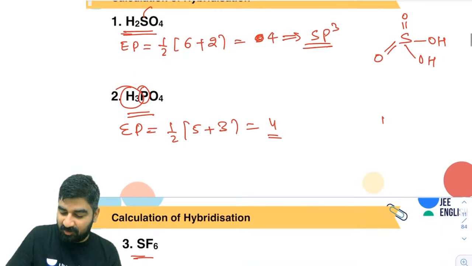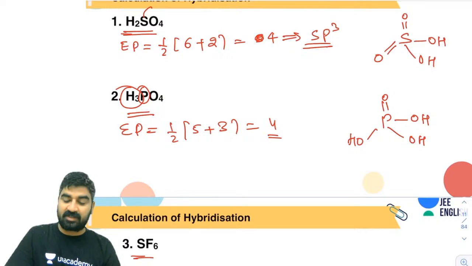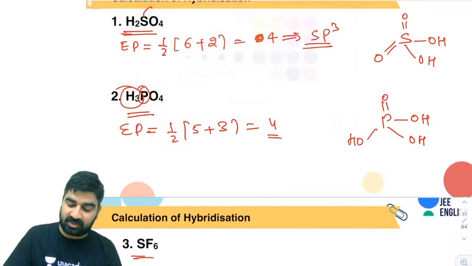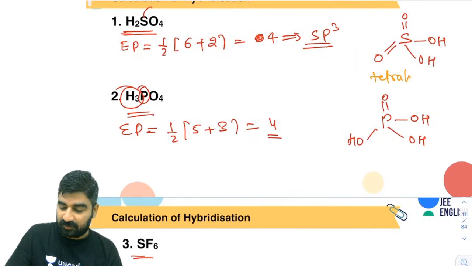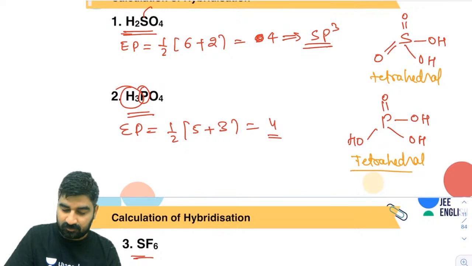What about H3PO4? You have this OH, and you have again OH, OH. So these are tetrahedral. If somebody asks you the shapes, tetrahedral, this is also tetrahedral. Got it, guys?